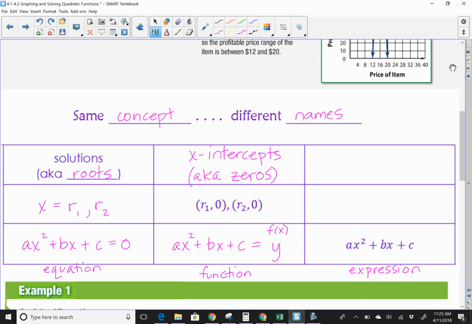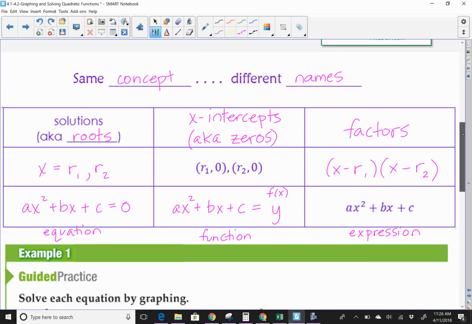I know y'all already know this, but if you know what the roots are, then you know that these are the corresponding factors. Not x1, excuse me: x minus r1, x minus r2, and those are the factors of the expression. You're going to hear that a lot as you go forth in algebra in high school.